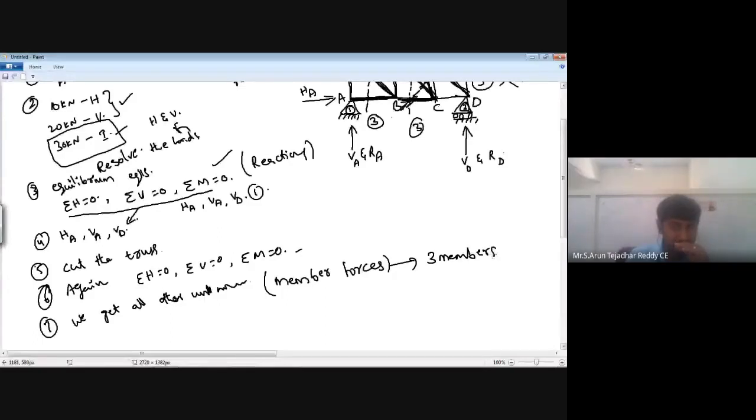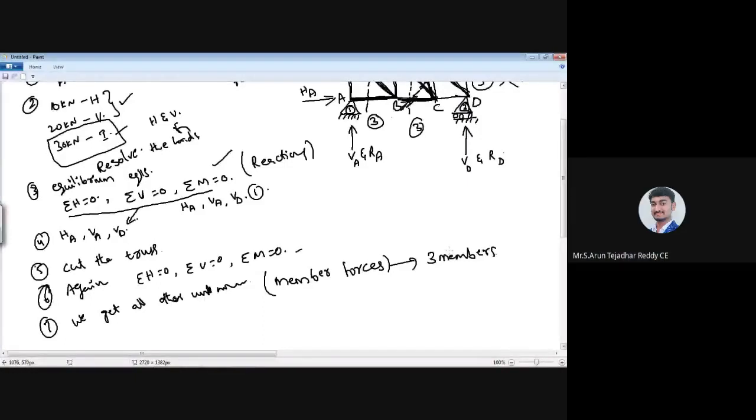Because your section is passing through only 3 members. So here by using equilibrium equations, we should calculate the member forces of 3 members. So these 7 points come under the method of sections.